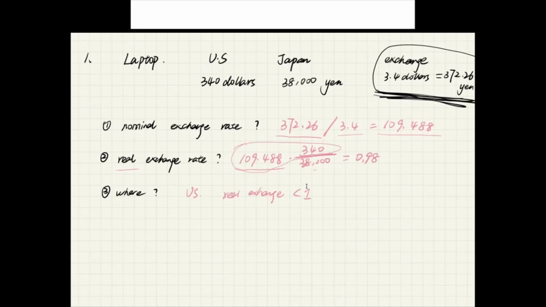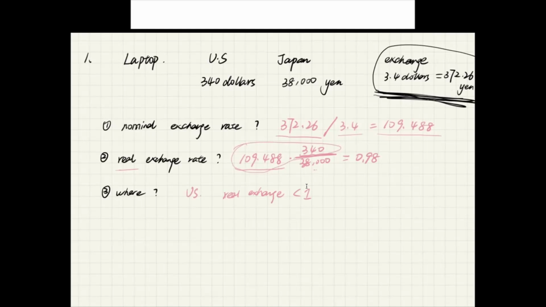For example, when we calculate the nominal exchange rate, we assume that we have 378.72.26 Japanese yen and want to change it to the US dollar, right? And after having this US dollar, what should you pay? How much should you pay about it?